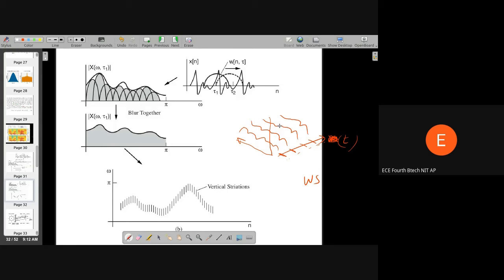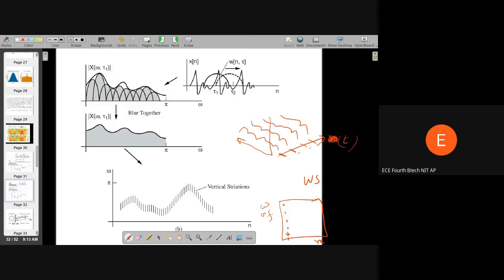Then you can represent this 3D plot in terms of an image where center frames are represented on the x-axis, frequency on the y-axis, and the value of the windowed short time Fourier transform at a particular frequency for a particular frame.